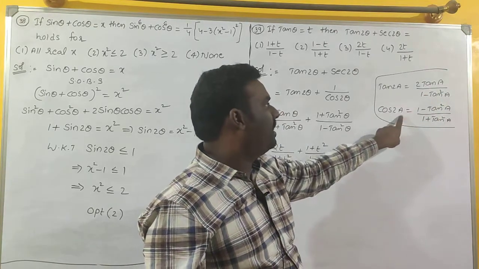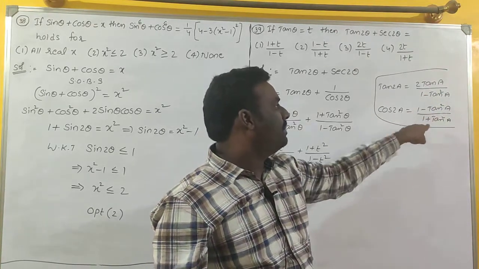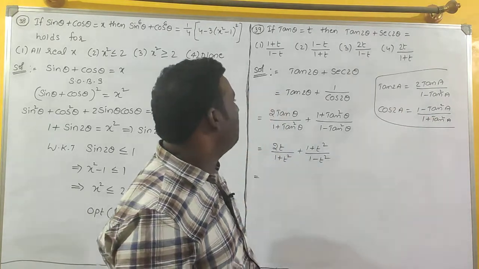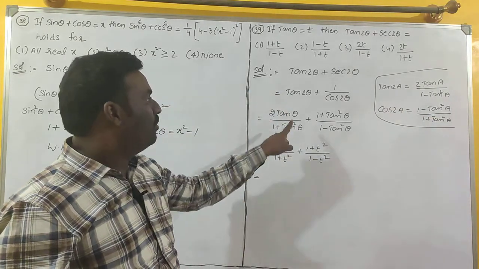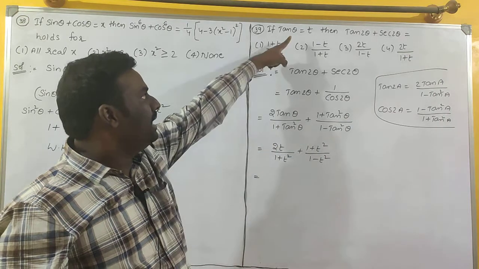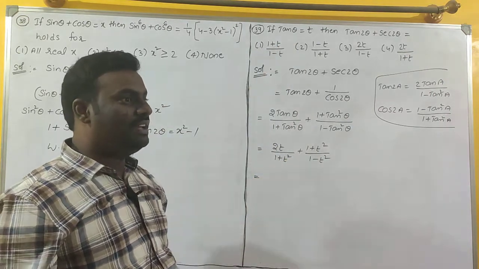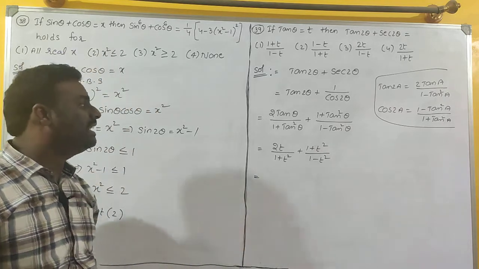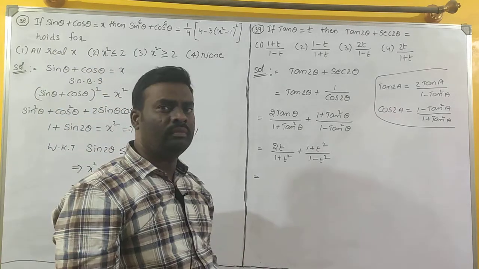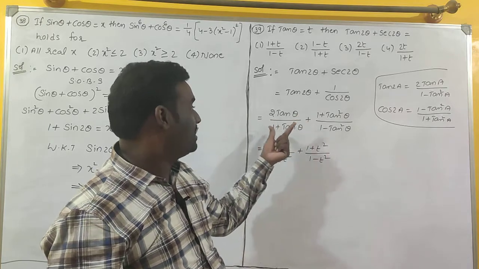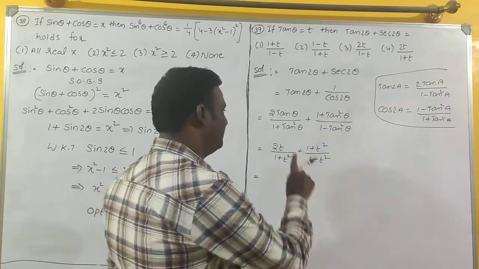Cos 2a formula is 1 minus tan square a by 1 plus tan square a. In place of a, here we have theta, and tan theta value we already know, that is t. Okay. Here a small correction. Here the symbol is minus.